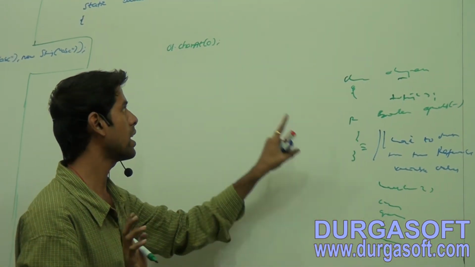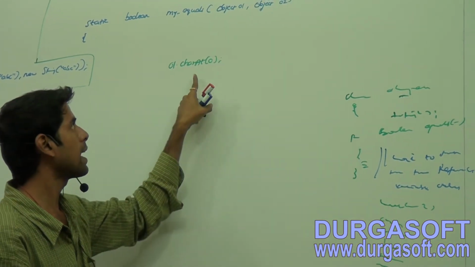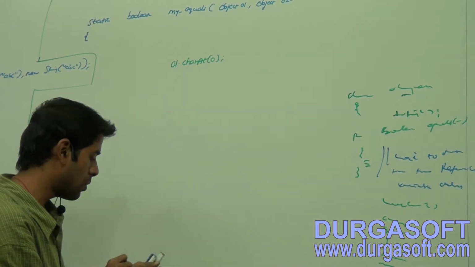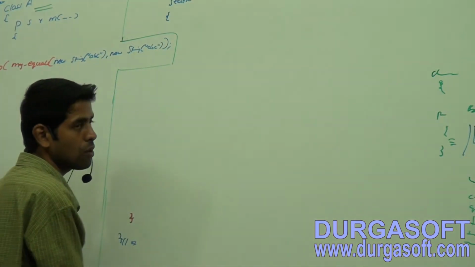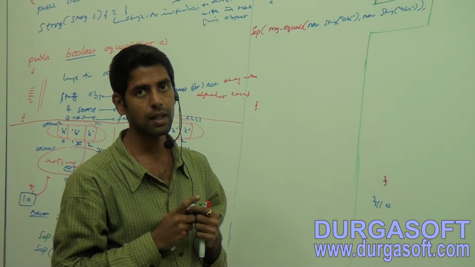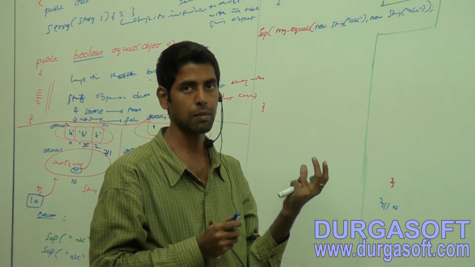No. You'll get cannot find symbol. The symbol is the method charAt, and the location is class Object. So how to avoid that compile time error? You have to perform typecasting.